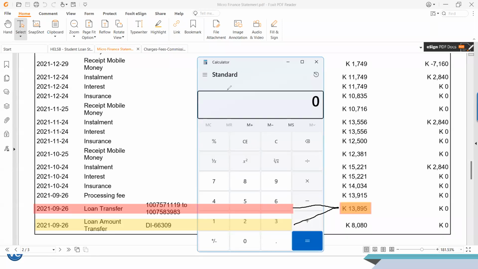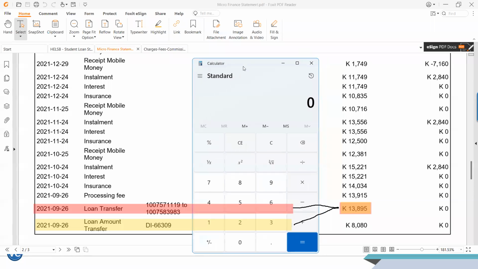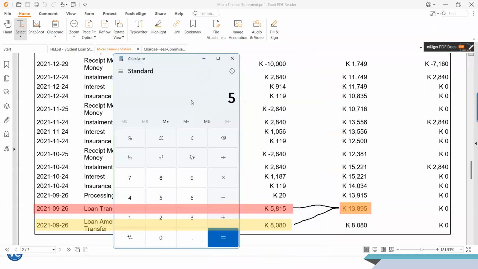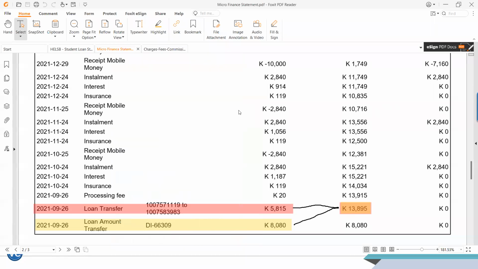So just to verify, I'm going to do the addition and I'll do this just once. So do 5,815 plus 8,050, which gives that, which is the loan amount. And now we can progress through our 7 months of payments. So right off the bat, we start getting our deductions.